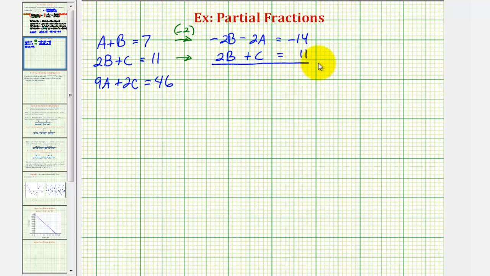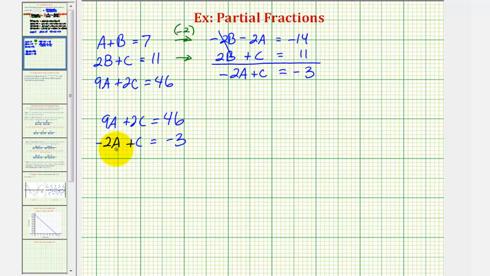So notice how this gives us an equation that contains a and c, and then we can use a third equation to solve for a and c. So here we have negative 2a plus c equals negative 3. So now we'll use a third equation, 9a plus 2c equals 46, and this equation that we just formed, negative 2a plus c equals negative 3, and we'll solve this system for a and c.